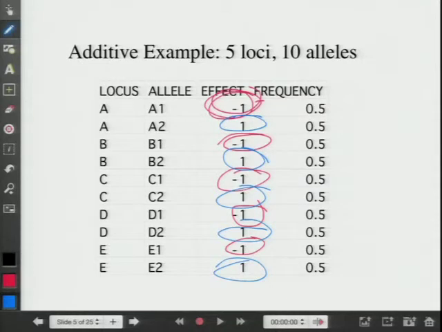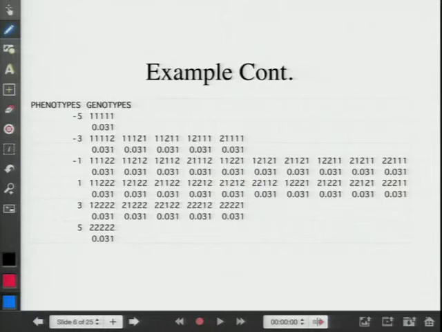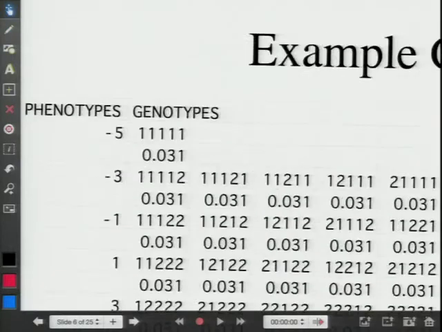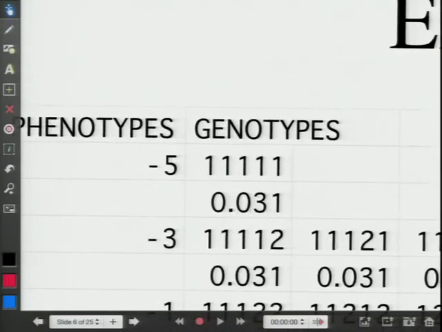So if you start with each of these having a frequency of 0.5, so at the A locus the two alleles are equally represented, and that's true for each of these, then you can figure out what kind of phenotypes you get. So that you understand this, how do you get the shortest phenotype, the -5 phenotype? There's only one way to do it, right?